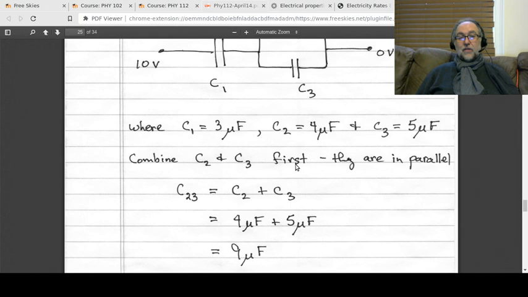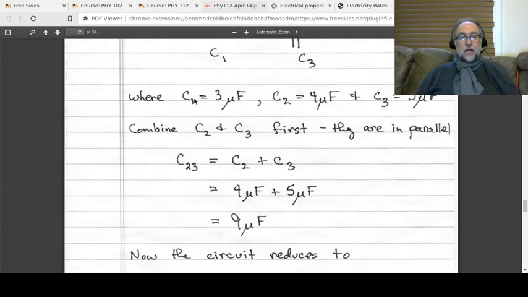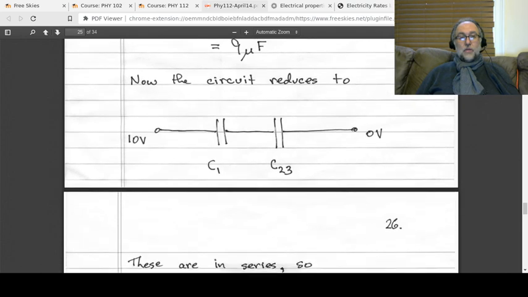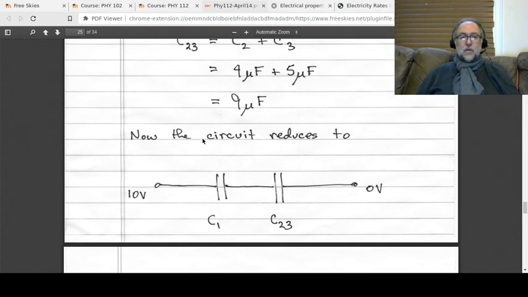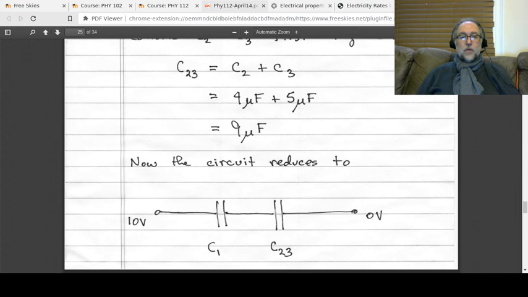And so the effective capacitance of C2 and C3 is 9 microfarads. The circuit now reduces to C1 in series with C23. C1 was 3 microfarads, and this one we just found was 9 microfarads.